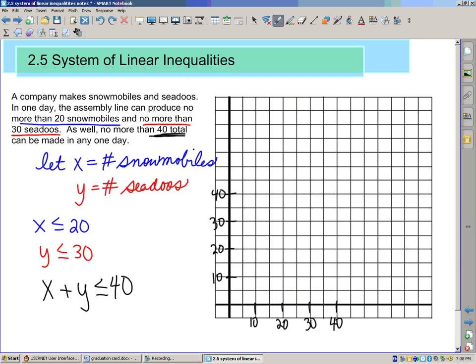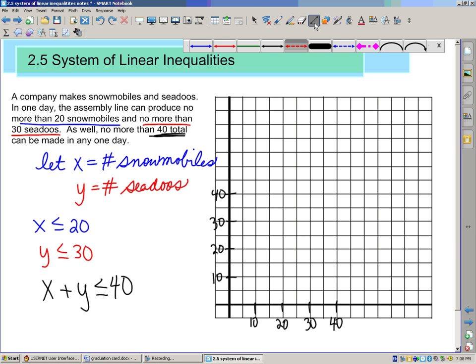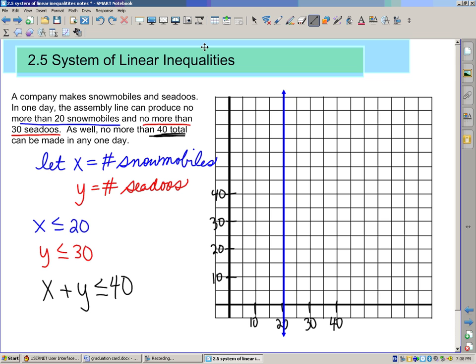X is less than or equal to 20. Well, you can use a solid line. Less than that is this region.